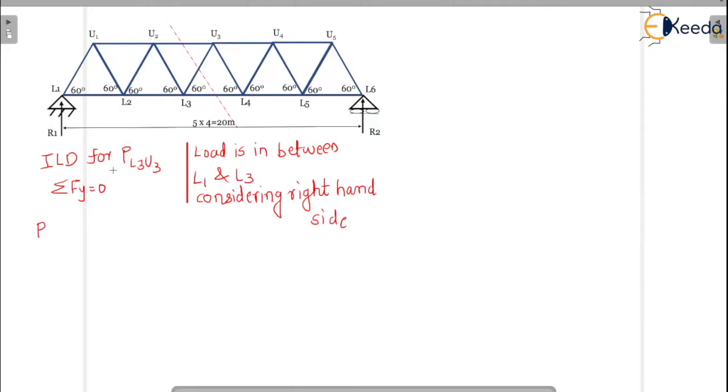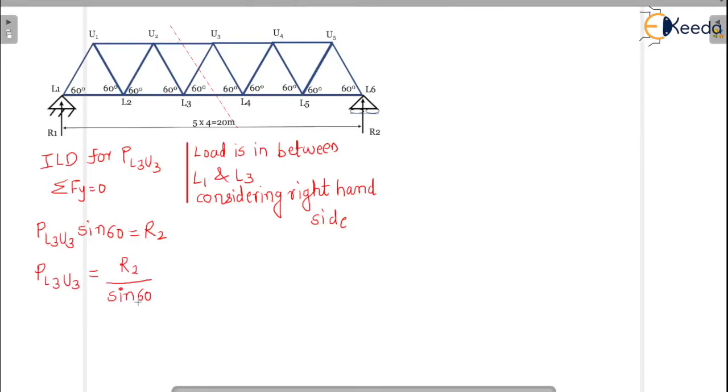So we can write PL3 U3 vertical component, which is sine 60, is equal to R2. We are considering the right side portion. Now rearrange the terms: PL3 U3 is equal to R2 by sine 60.